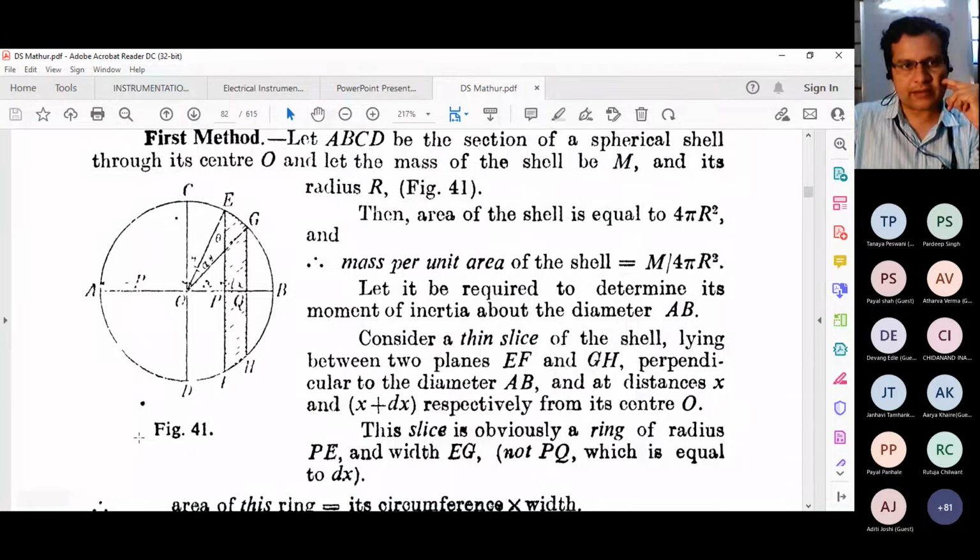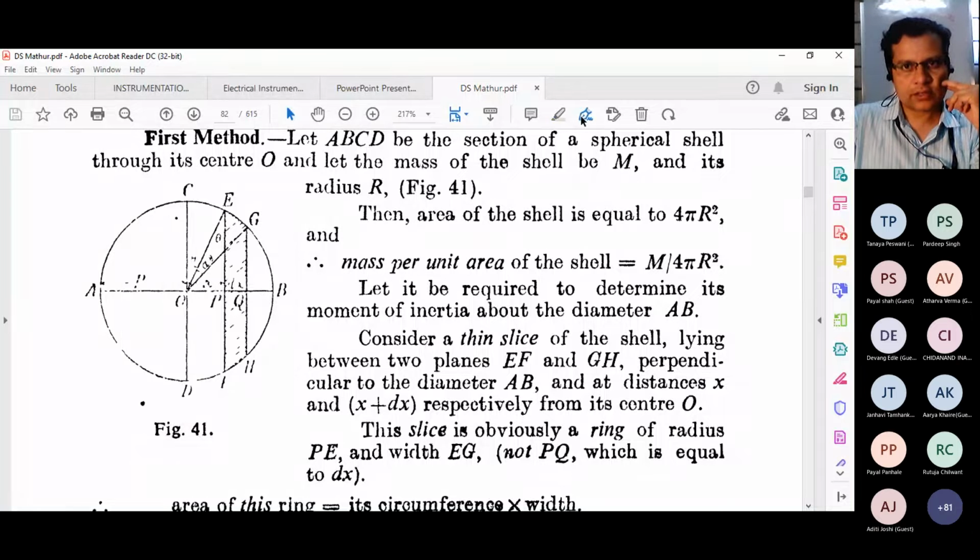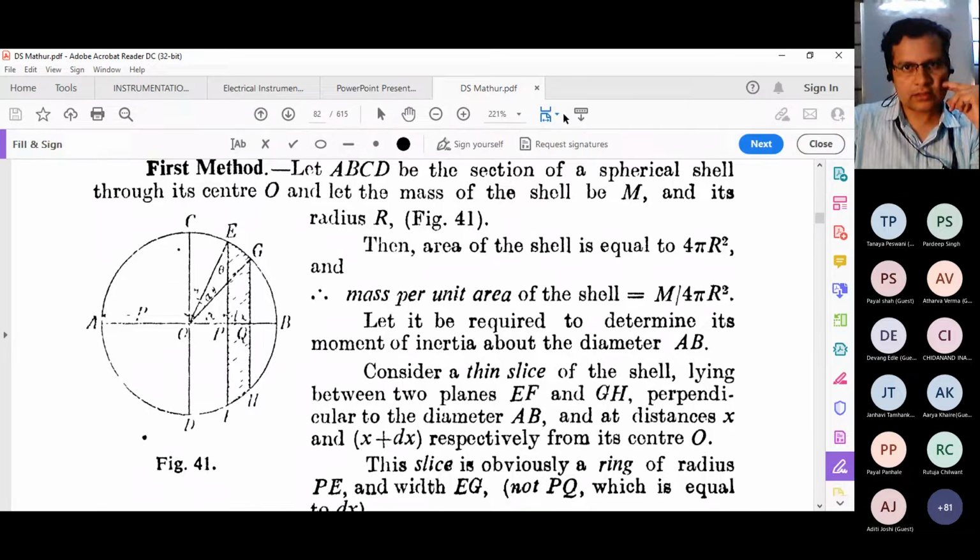I'll just use the pen. Here it is. I'm talking about this AB. Sorry, there is some problem with writing here.